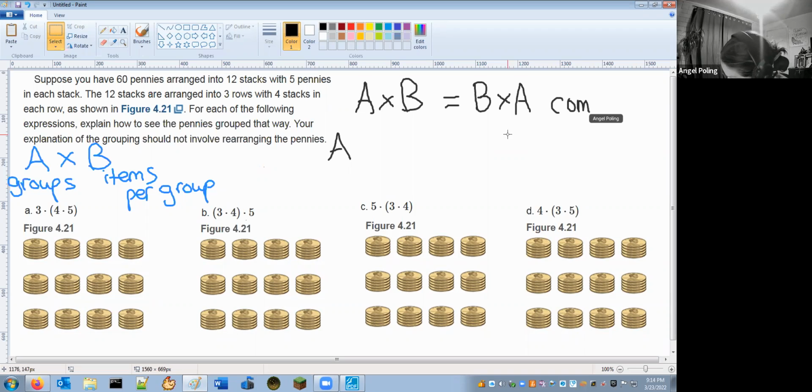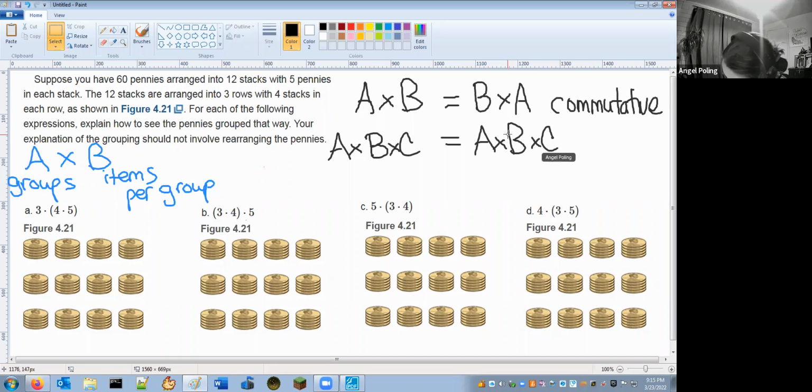I see more associative. Okay, and then this one, A times B times C and A times B times C. So we have A times B times C, or A times the product of B times C. So this one is our associative property. Okay, that's the one I was looking for a second ago, I think.